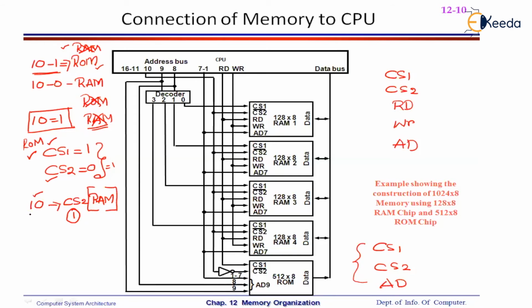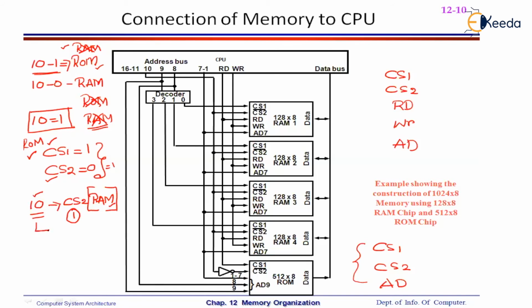So I will connect the 10th digit to CS2 of all the RAMs. Whenever the 10th digit is equal to 1, all the RAMs' CS2s will be equal to 1, so immediately those will get disabled. Now we need to enable ROM. We disable RAM, and we should enable ROM when the 10th digit is equal to 1.